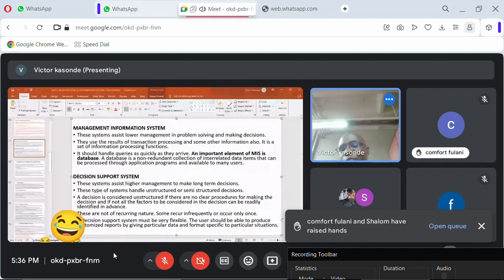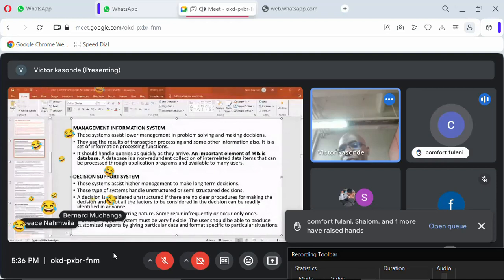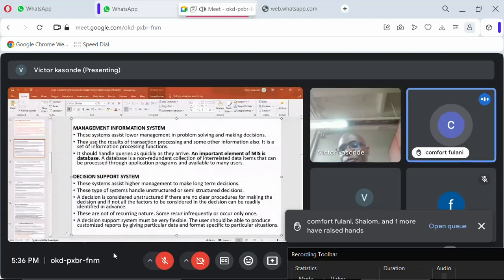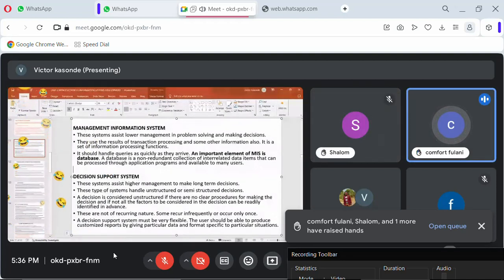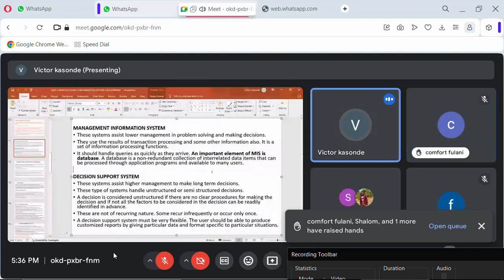Yes, sir. I just want to ask, how are these types of information system related to what we were learning yesterday? It's the same. I give you an example of your student management information system. In that student management system, there are a lot of people who have access to that system. It depends on the levels.